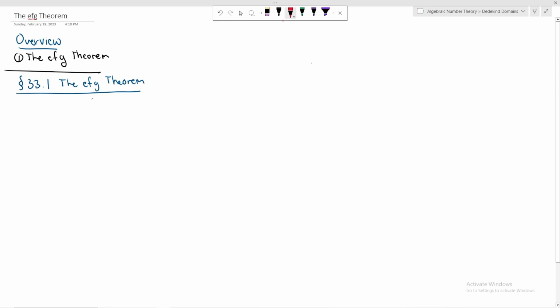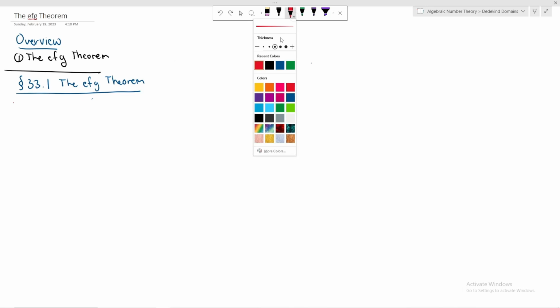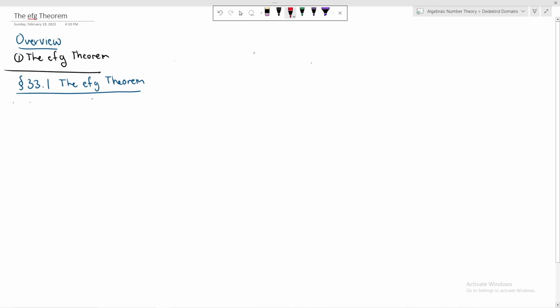So this will be Theorem 33.1.1. So the efg theorem is all about understanding how ideals in a base field factor in an extension.